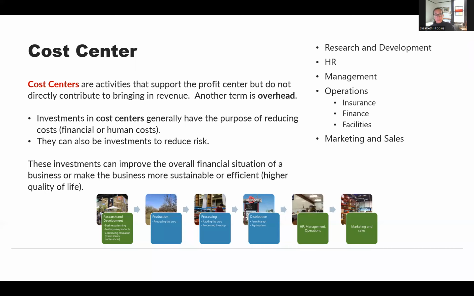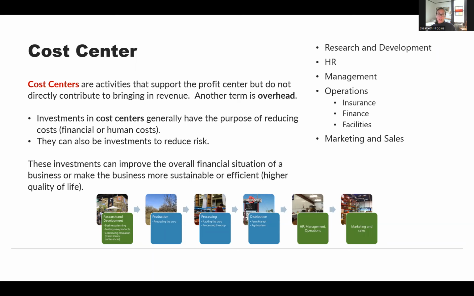These investments often improve the overall financial situation of a business, or make the business more sustainable or efficient. When we talked about value chains yesterday, these are those things in green: research and development, human resources, management, operations, marketing and sales.